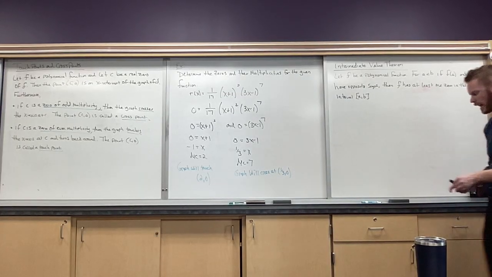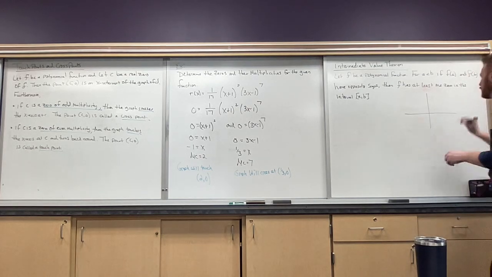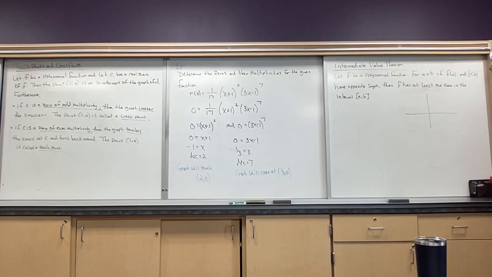And what do I mean by that? Let's just draw a graph. Again, sometimes I think some of these theorems and definitions, it's easier to have a picture. Let's say that was my function.